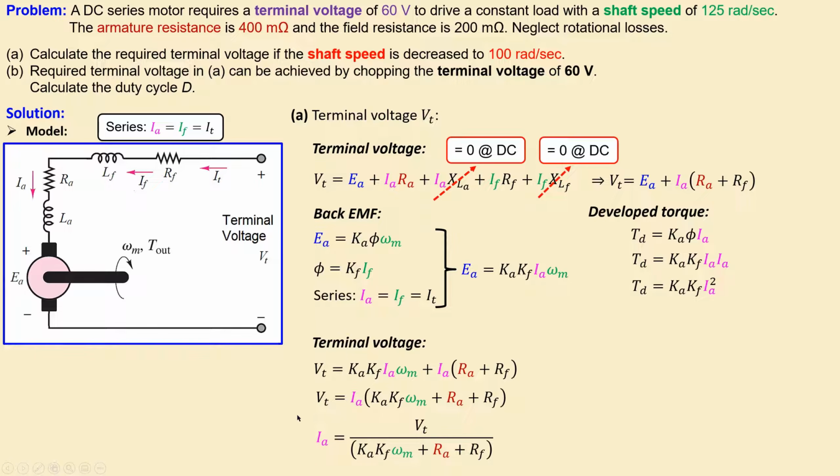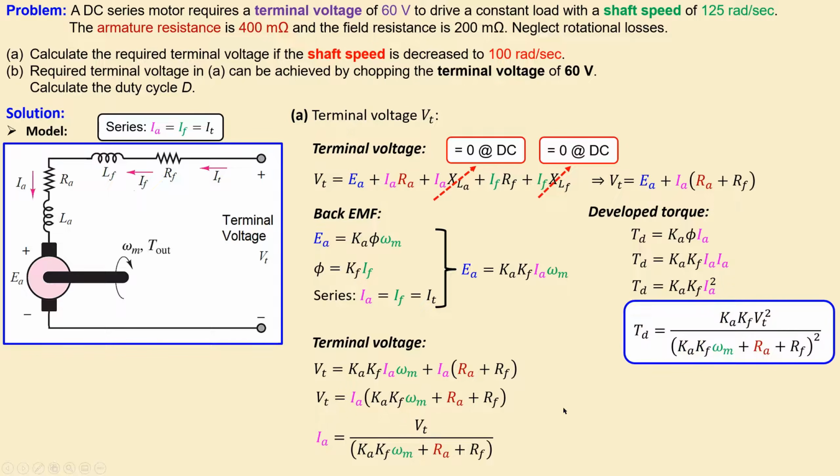The next step is to substitute this into the formula for the developed torque. So we use this expression for the armature current and substitute it in the expression for the developed torque. You will get this. What you see is a relationship which also has a square of the terminal voltage and also the square of this quantity in the denominator of the current.